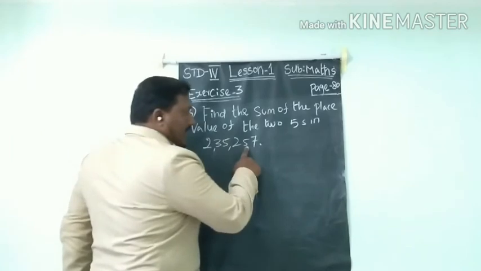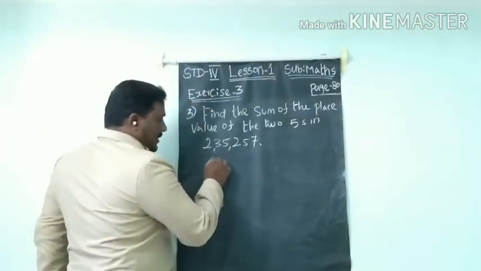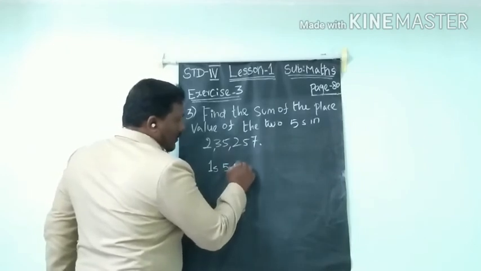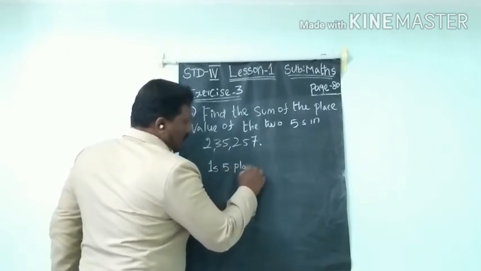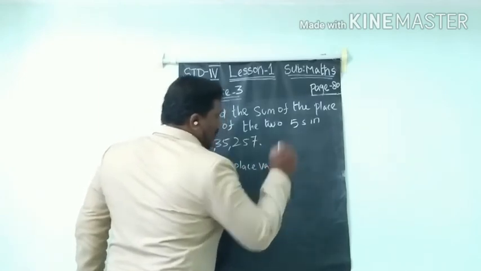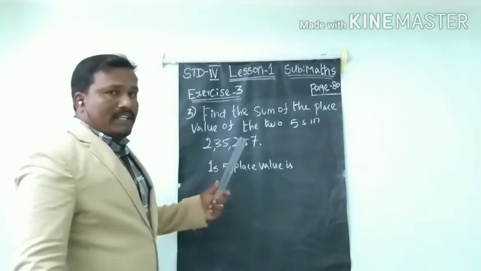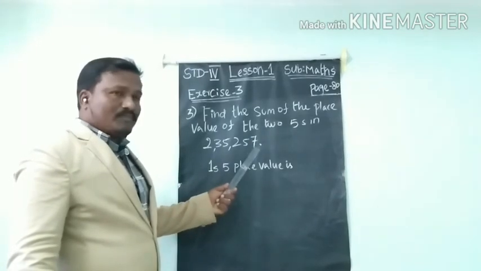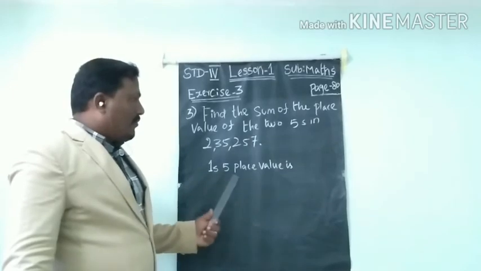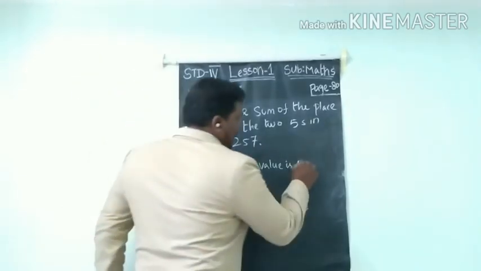First we take the first 5. Okay. The first 5 place value is, what's the place value? How do you find the place value? First ones, tens. The place value of 5 is tens.